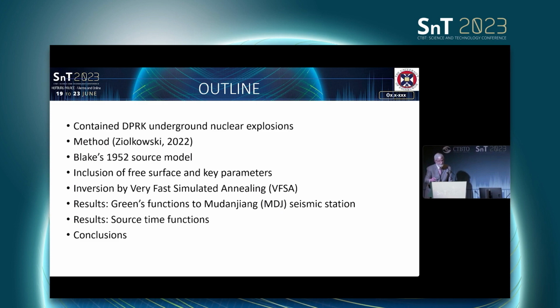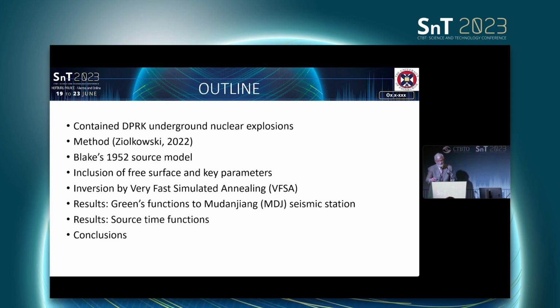But I'm going to use the same model, Blake's 1952 source model, except that because these explosions are shallow compared with the radius of the nonlinear zone, you have to include the free surface.